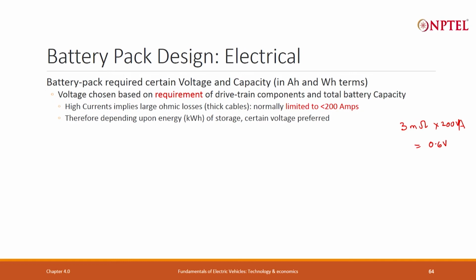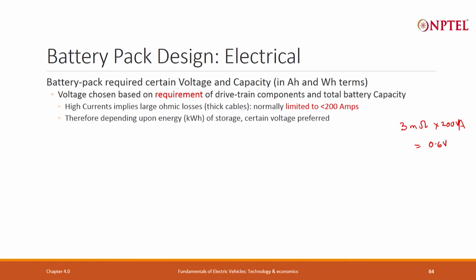Now, 0.6 volt, when I have a 4.2 to 3 volt cell. My 0.6 is a drop in the connector itself, in the connection itself, in a cable itself. The voltage that I will get will be very, very different in that case.